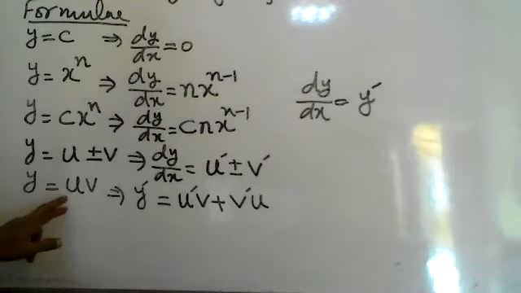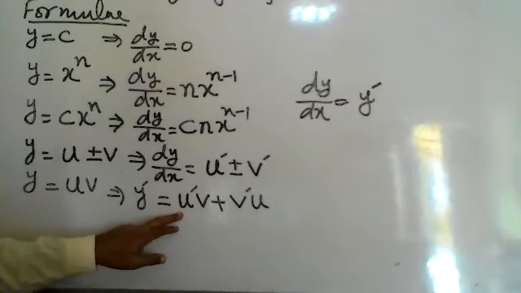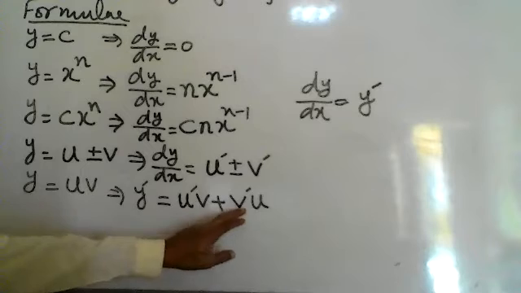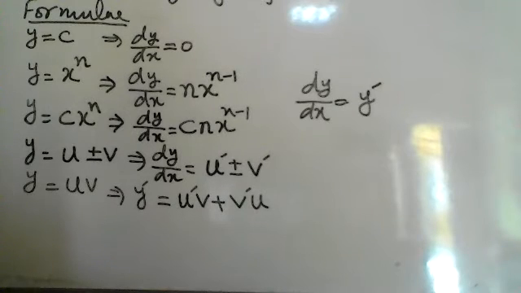When we have the product of two functions of x, we will take the derivative of any one of them into the other function, plus the derivative of the other function into the first function.